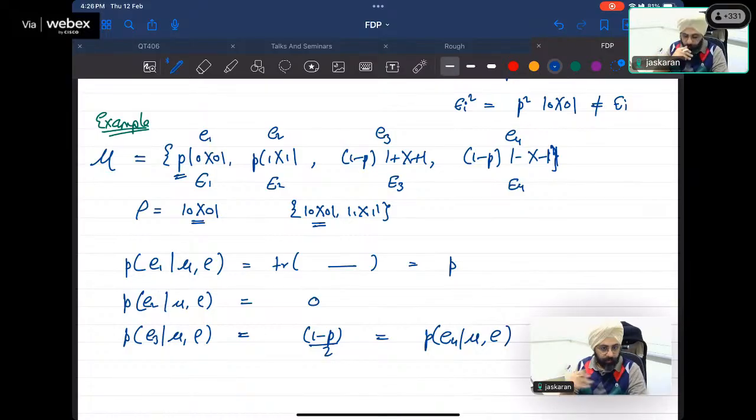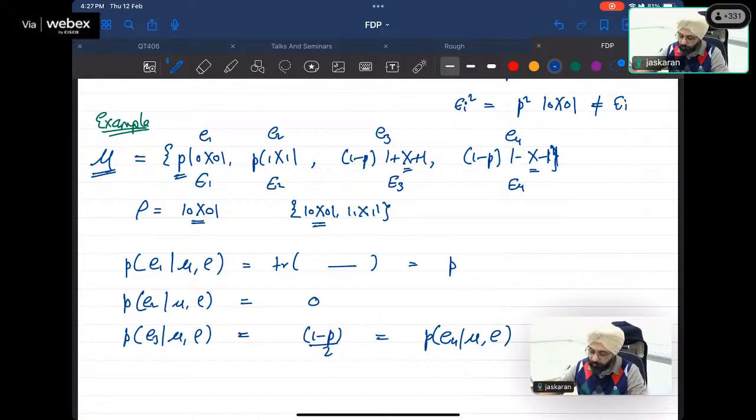But look what is happening here. The first observable outcome that we are getting in this bigger measurement, capital mu, is p times |0><0|, and the probability that we get for this particular outcome is now given by this small value p. Moreover, we also get the other outcomes as well.